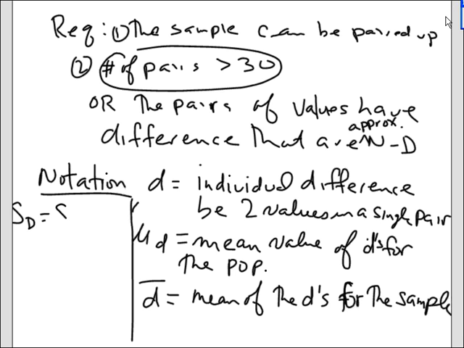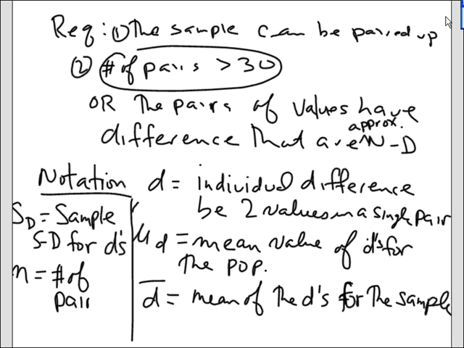This is the sample standard deviation for all of these. And n is the number of pairs, which is the number of D's, because for each pair, you subtract them and you get 1 D. You subtract a pair of numbers, you get 1 number. 7 minus 3 is 4, but nonetheless, it's 1 number.